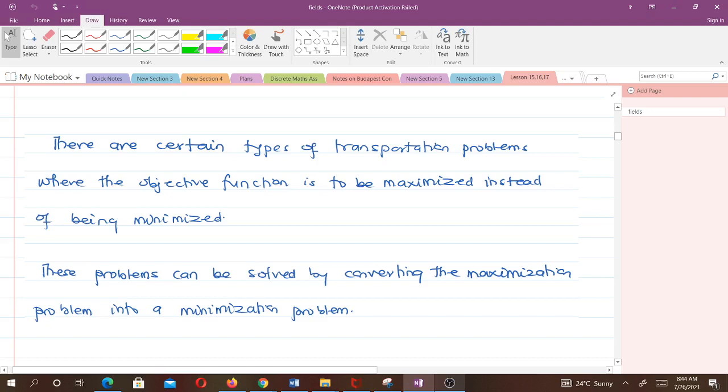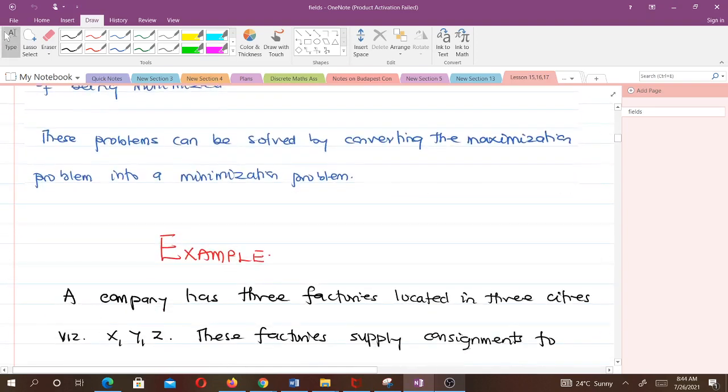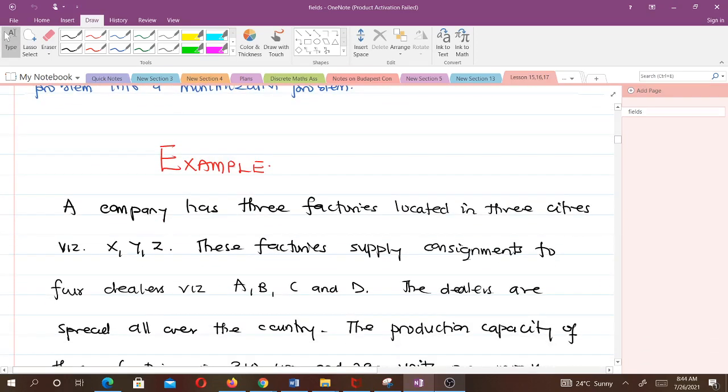These problems can be solved by converting the maximization problem into a minimization problem. So when you have a maximization problem, you first have to convert it to a minimization problem before solving it. But the question is, how do you do that? And that's what we are coming to learn here.